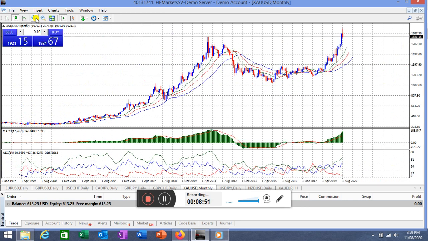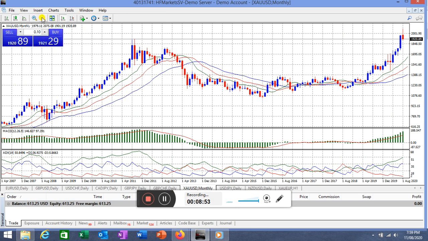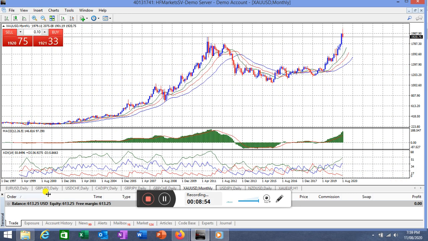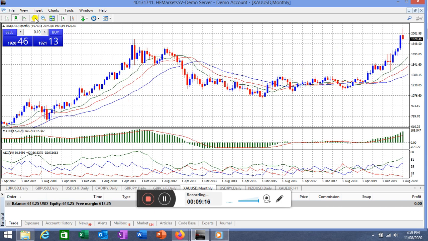Oops, it's a little bit too small, but you see what I'm talking about, all right? So this is from 2000 all the way up, so it's at its highest peak ever, right? And so persons used to run to the US dollar for safety, but right now they're running to pretty much gold for safety. So that's what's happening, right?